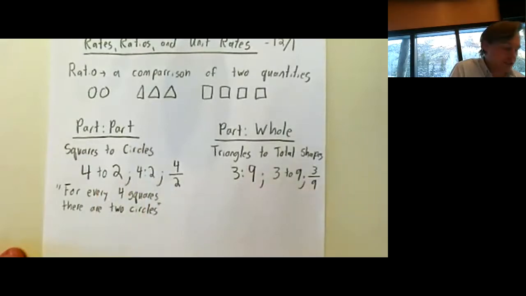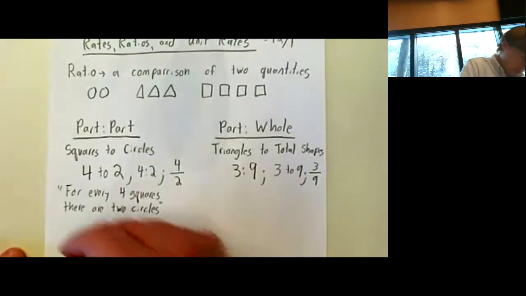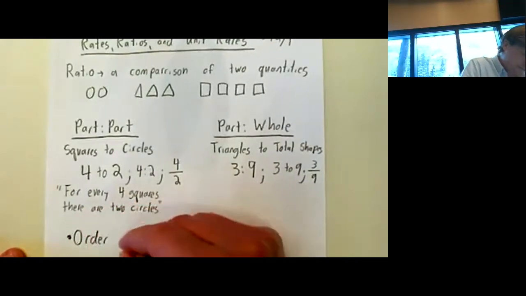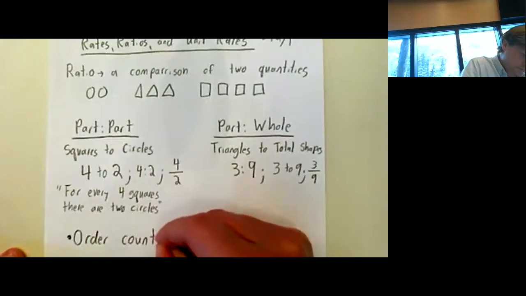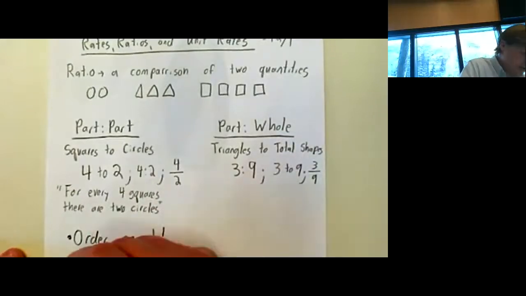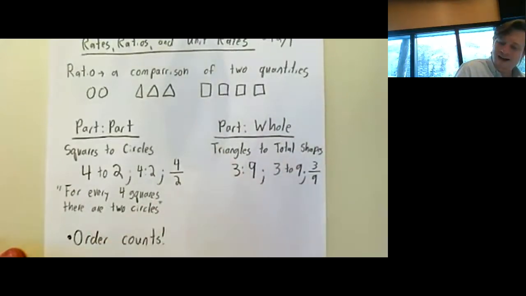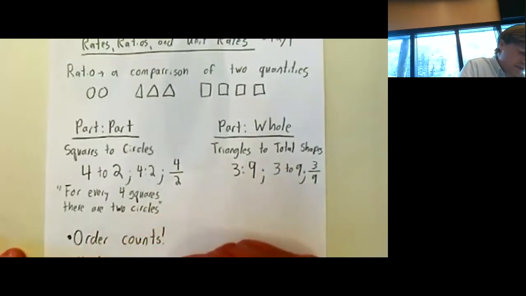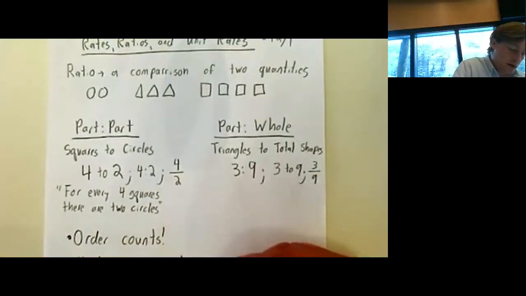And I'm going to say another big point is order counts. And the numbers in a ratio are called terms.